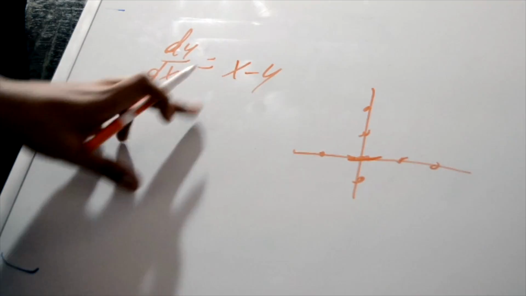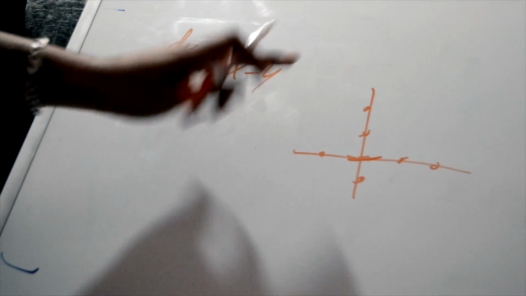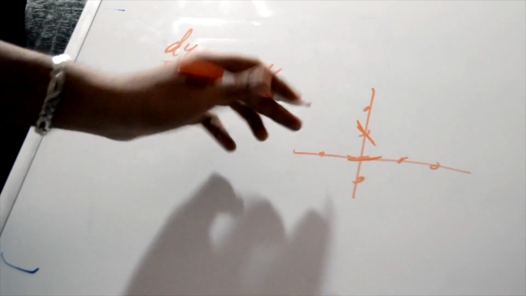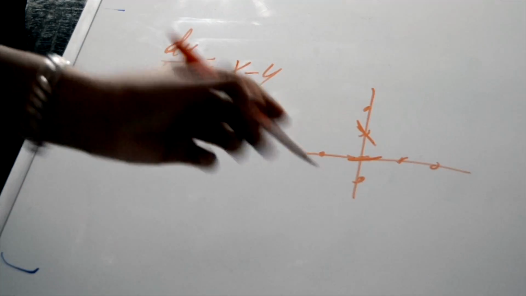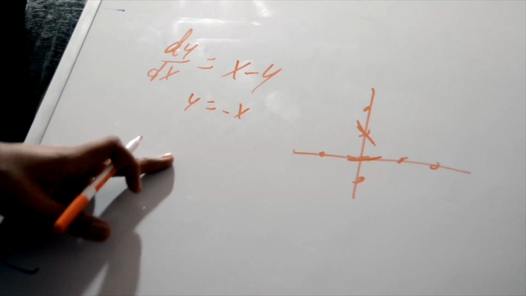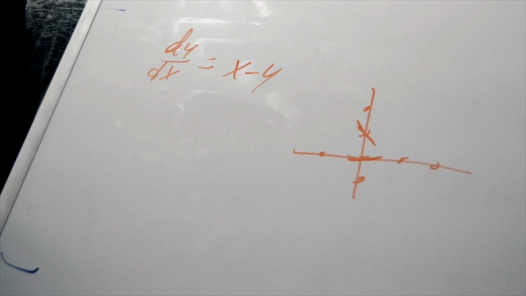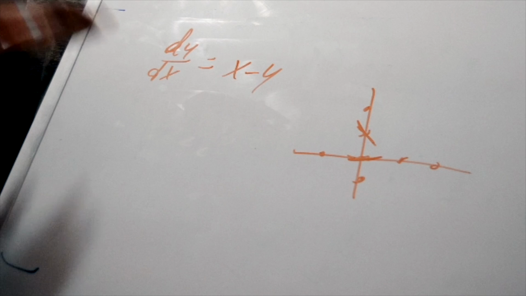That's it. If you have 1, 0, you're going to have 0 minus 1, which is negative 1, so you just draw a little line with a slope of negative 1, like y equals negative x. That's it. And you just keep on doing that for all the points. That's a slope field. It just represents all the slopes for a given differential.